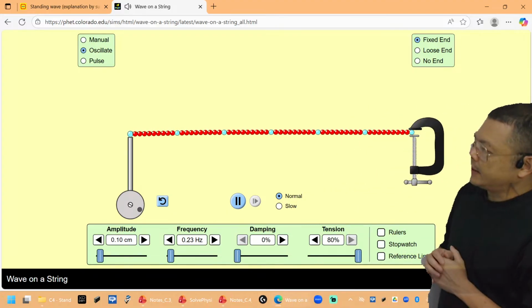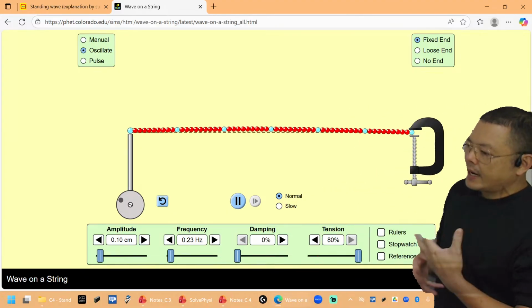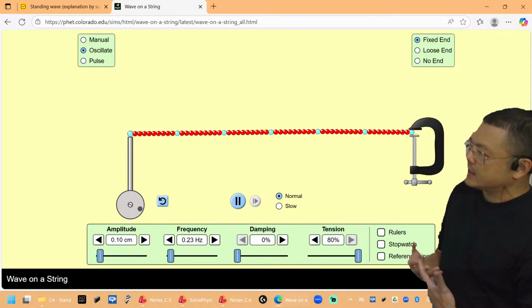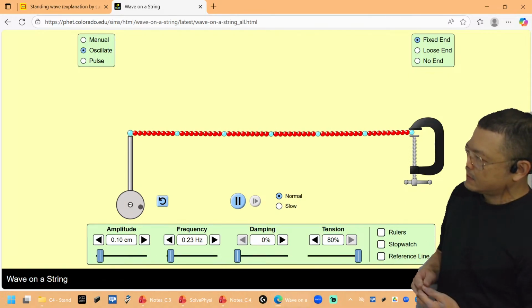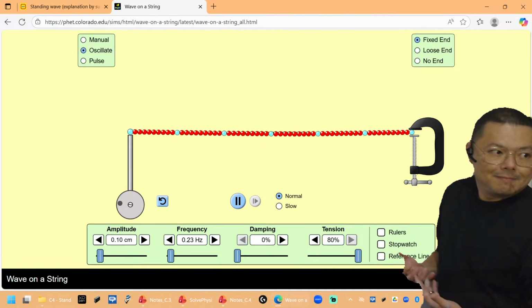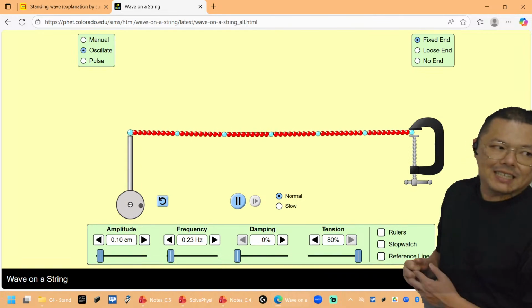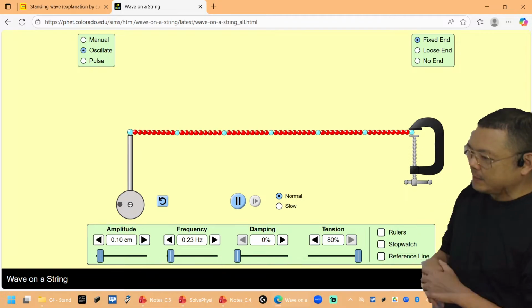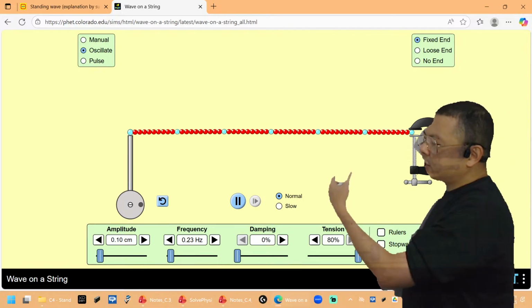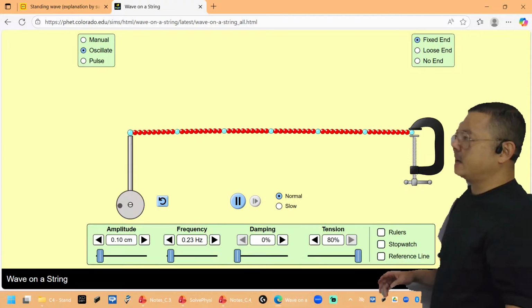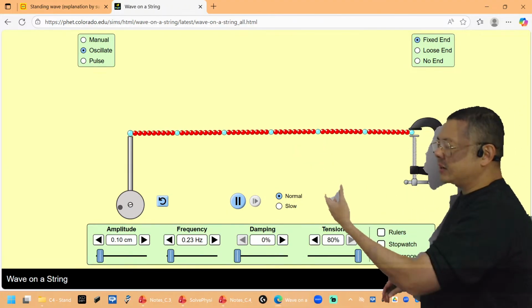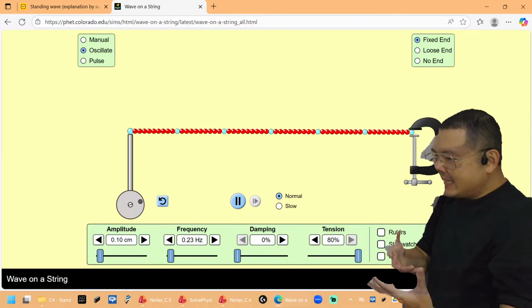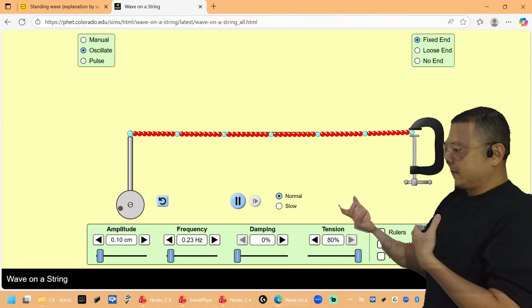I want to see whether or not we can create a standing wave from this. It doesn't look like it. I'm not getting the effects of a standing wave. Sure, I see some movement of the string, but I'm not really getting an antinode effect.